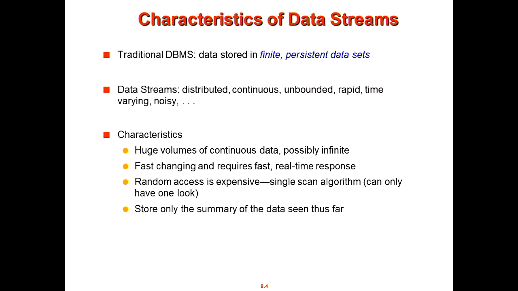We can only store some summary or statistics seen so far. It depends on what kind of applications we are trying to deal with, so you can keep different kinds of summaries for the processing.